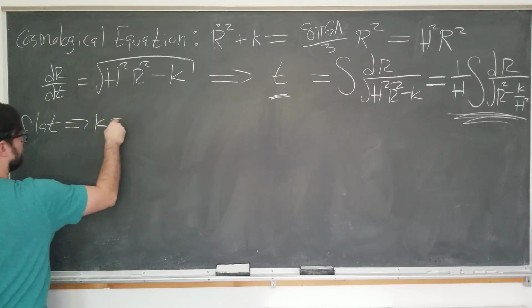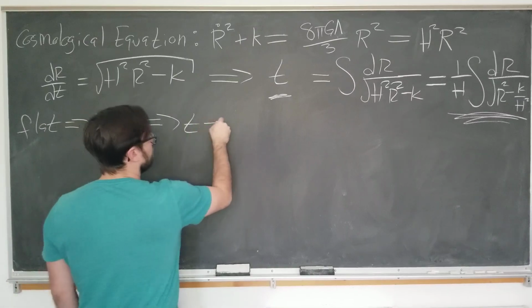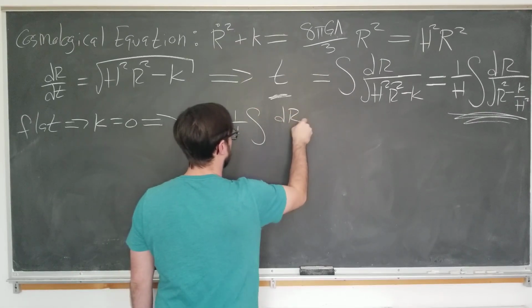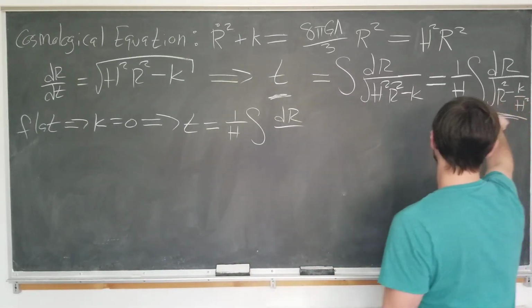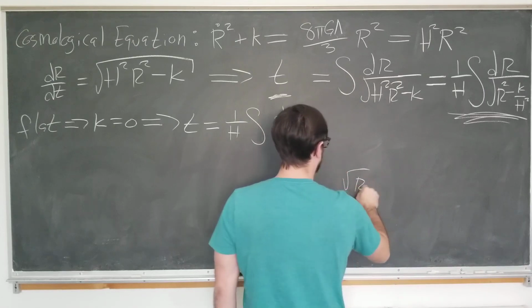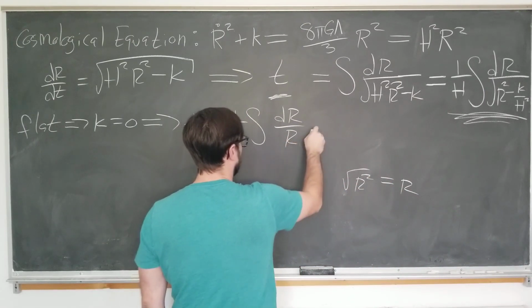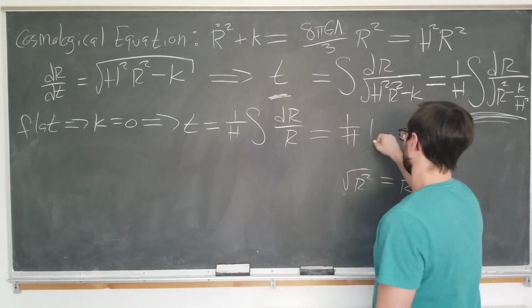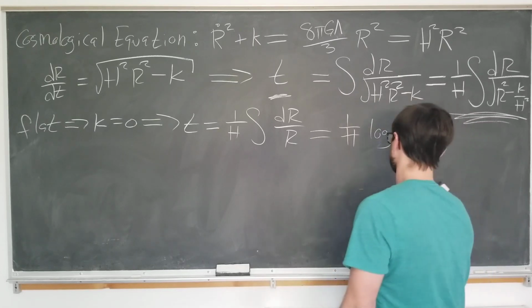So that's going to tell us that k is equal to 0. And we have t is equal to 1 over H integral with respect to r over, well, this whole term goes away if k is 0, and the square root of r squared is equal to r if r is positive. Otherwise, it's equal to the absolute value of r. We can easily integrate this in terms of the log of r, of course.